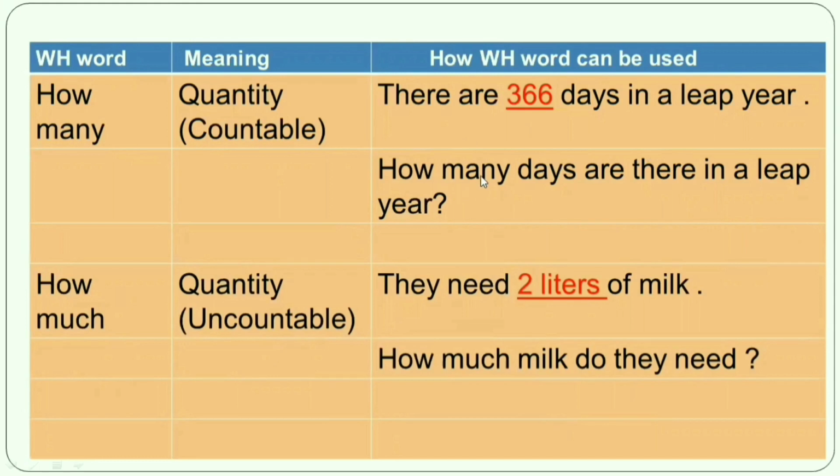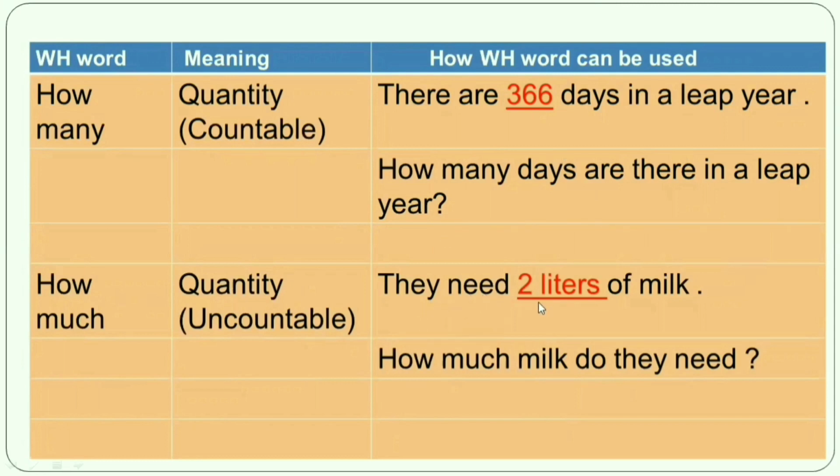So right here first, how many days? So at first you will write how many days, and then auxiliary verb, is there any? Yes, are. So right here are, and the subject there, and the next words of the sentence. How many days are there in a leap year? And at last question mark will be given.